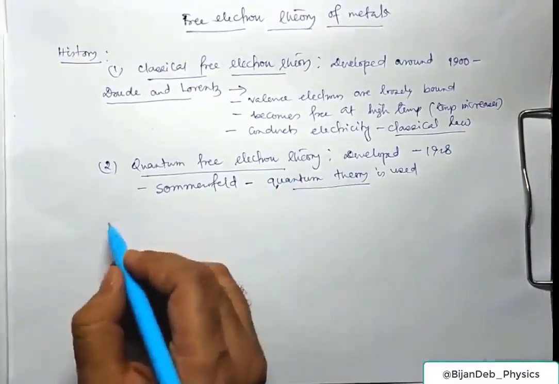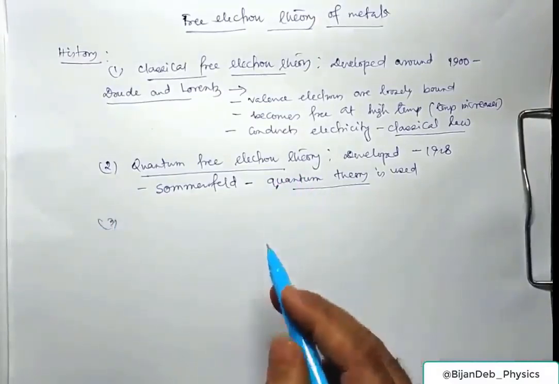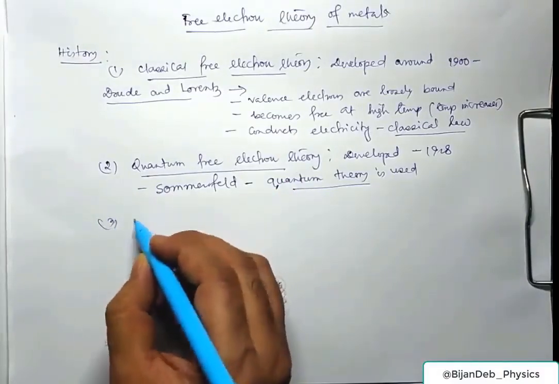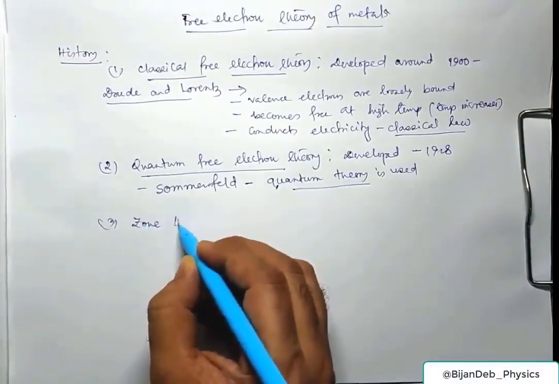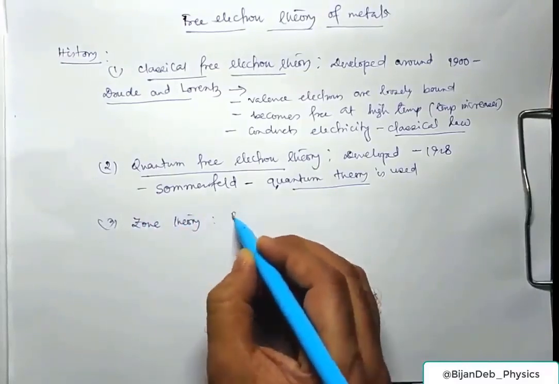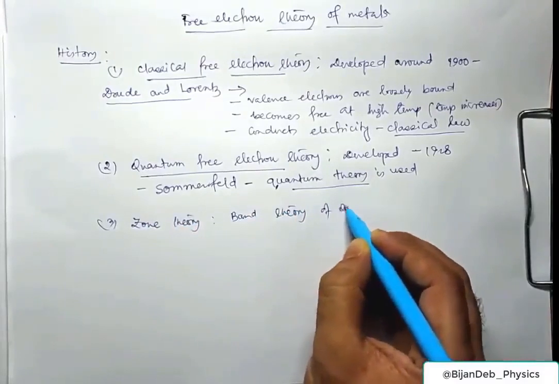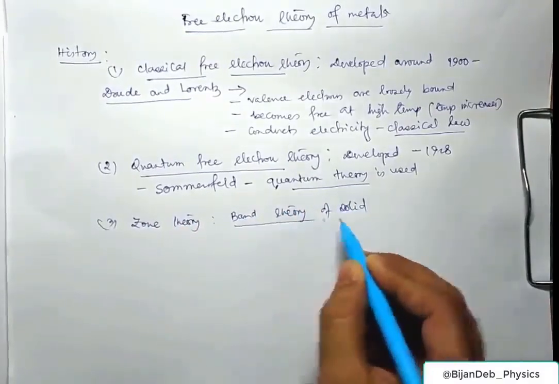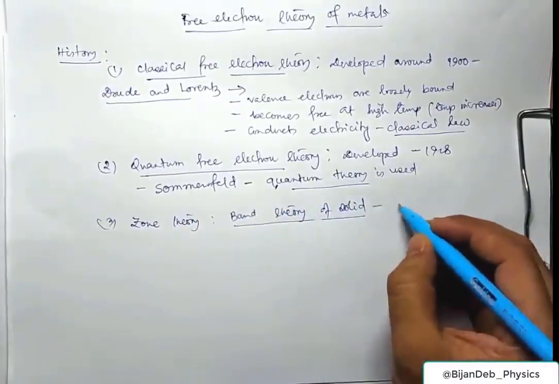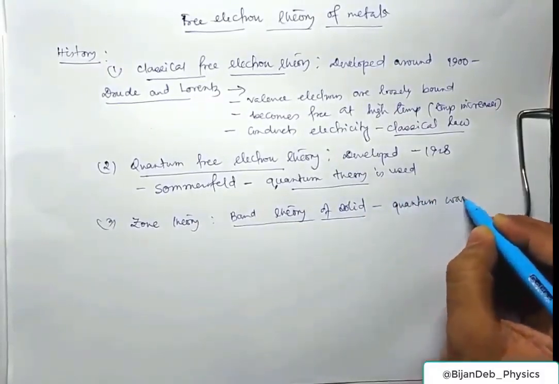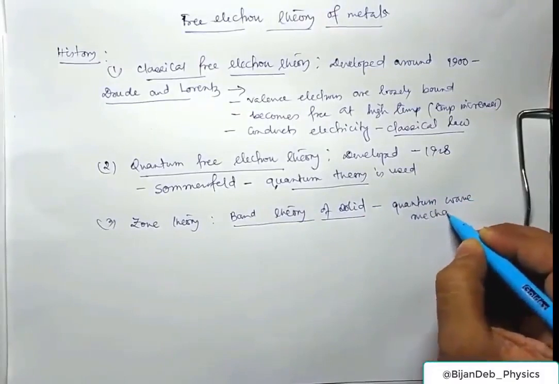Subsequently, this theory was also found to have some drawbacks or demerits. It was further modified, and we have the zone theory, which we call the band theory of solids. Band theory is the ultimate, which uses a quantum wave mechanical description.